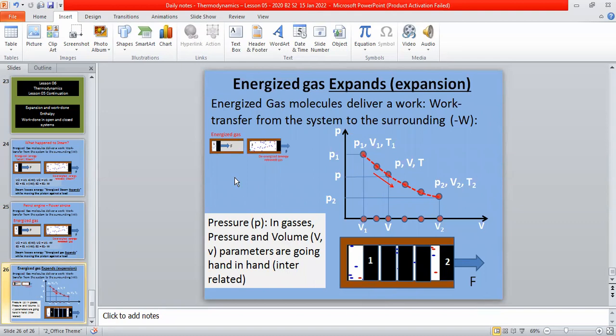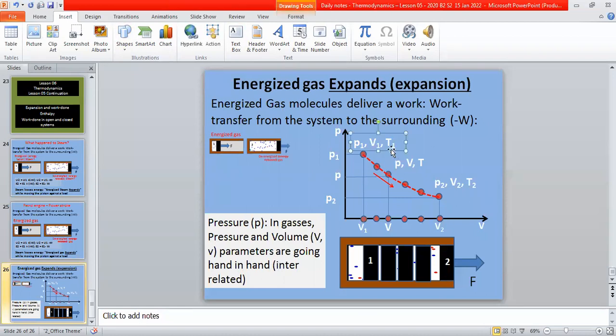I hope you can understand this. That's how the PV graph came into life, because P and V we can physically feel and see. In the same way, T also reduces. So P, V, and T, there is a connectivity. Other than knowing PV, we have to understand the PVT connectivity.